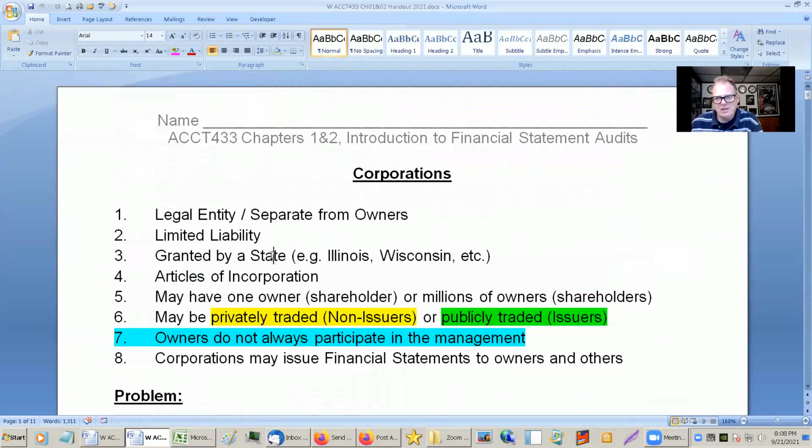I'm going to try to make this class less definition-y and more hands-on. The definition stuff, when you take the CPA exam, you'll memorize that then. Going over it now is not the best use of class time. So I'm going to do more hands-on audit stuff that, quite honestly, I think is more difficult than just memorizing, and hopefully that makes the other stuff more meaningful.